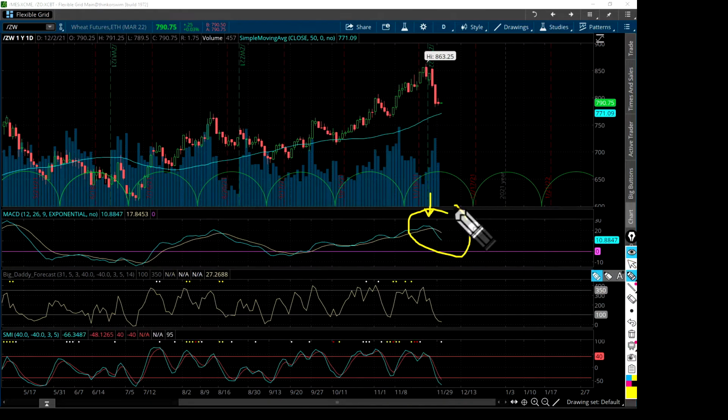So this event is higher on the MACD than this one. Just keep that in mind. The amplitude matters. Amplitude is the distance from here to here, and it is greater here than this one. Not by much. Maybe they're about the same.